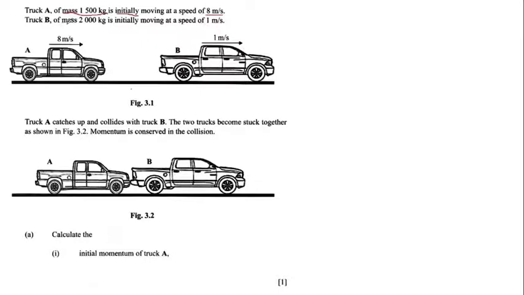Truck B of mass 2,000 kilograms is initially moving at a speed of 1 meter per second. Okay. Truck A catches up and collides with truck B. The two trucks become stuck together as shown in the figure. Momentum is conserved in the collision.